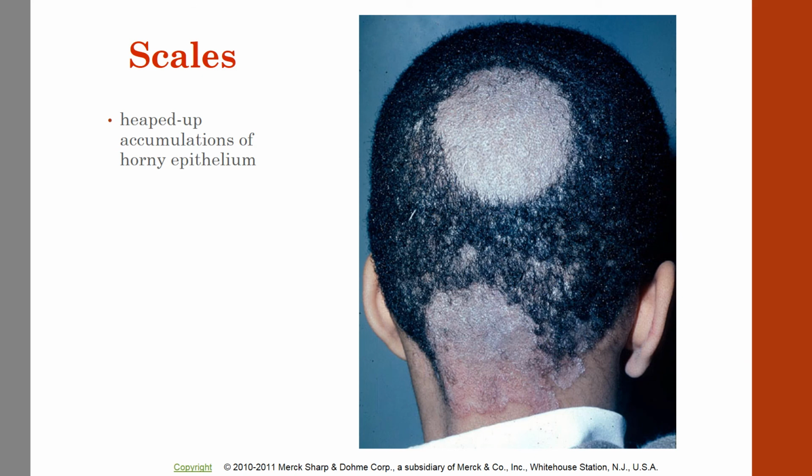Okay, scales, it's like icing on the cake, right? Scales usually lay on something else. It can be on just clear skin in theory, but usually there is some kind of plaque or patch. Scale is just a scaly appearance, and that horny epithelium, so the hardened cells will be collecting as scales. Why does this happen? If we go to the patho part, it's a big, fast turnover of the cells.